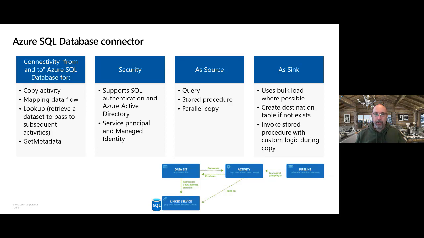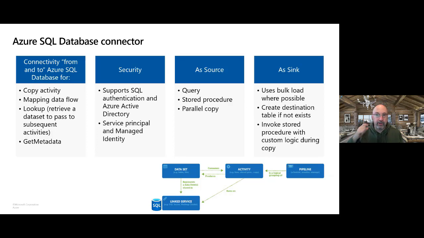When we extract data out of an Azure SQL DB database, we can specify a table name, of course. We can specify a query that can filter just a subset of the data in our source database.